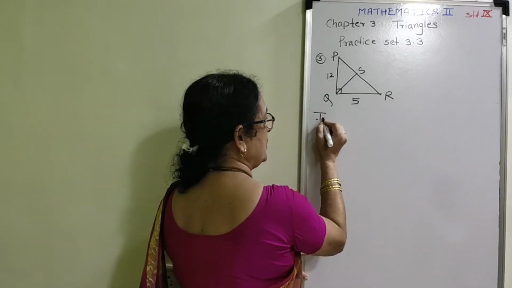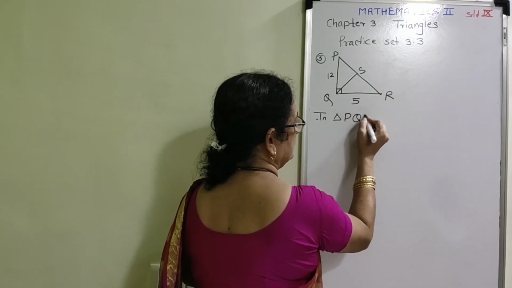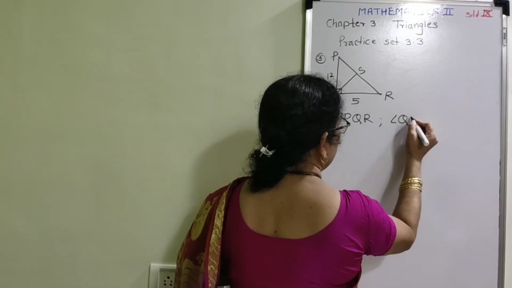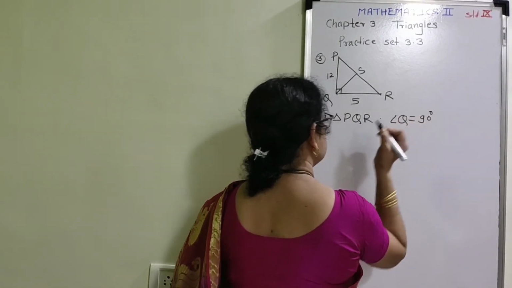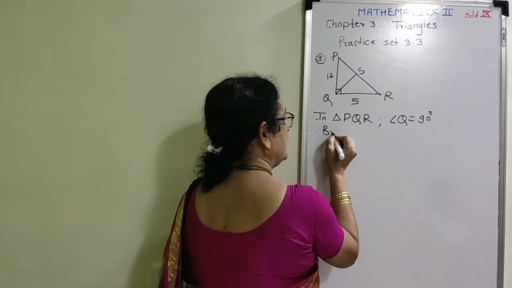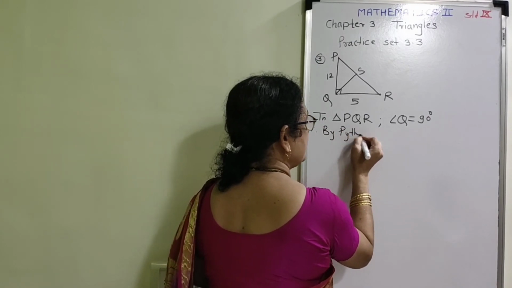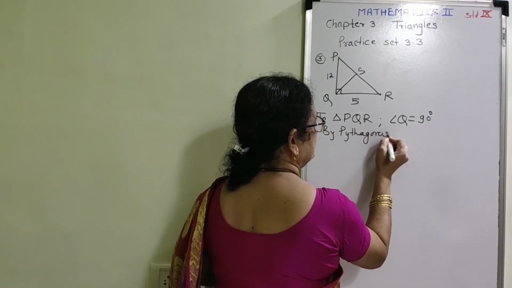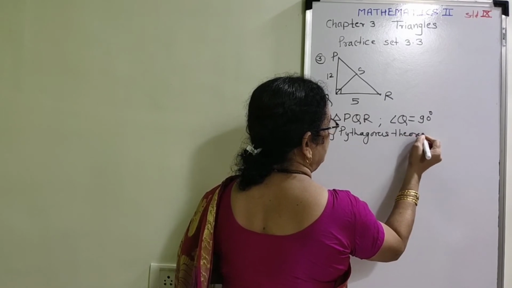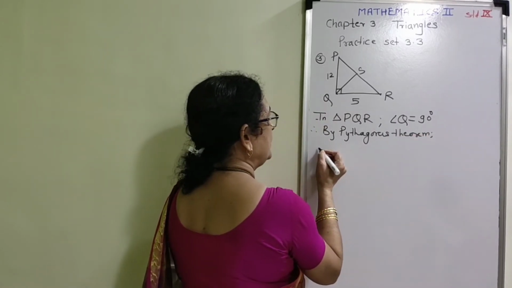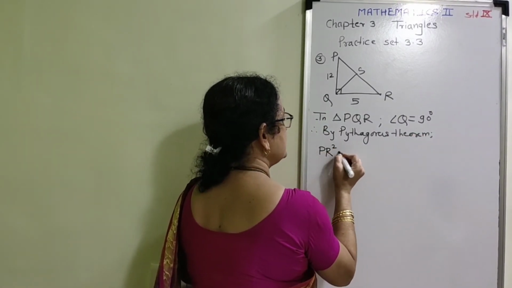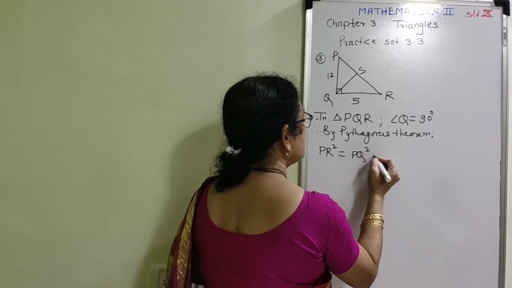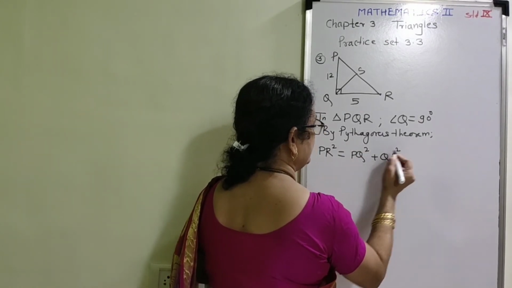In triangle PQR, angle Q is 90 degrees. It is given. Therefore, by Pythagoras theorem, PR square is equal to PQ square plus QR square.